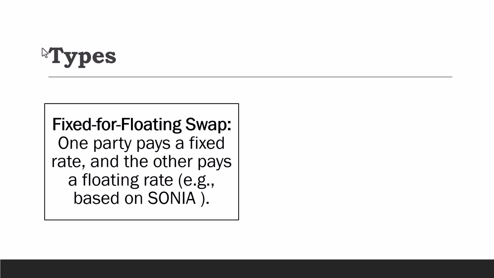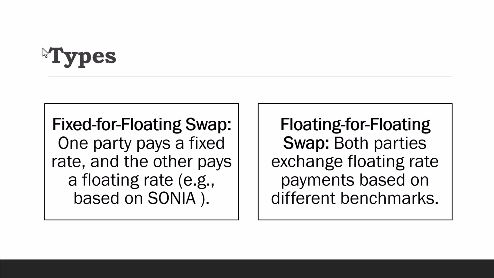SONIA is basically the new rate which is based on actual transactions, like in India we have the repo transaction. They said, okay, we are not going to go by hearsay or the polling method. Whatever transactions are occurring in the repo market, we are going to take that rate. And the rate in England is called SONIA, which is basically the Sterling Overnight Index Average.